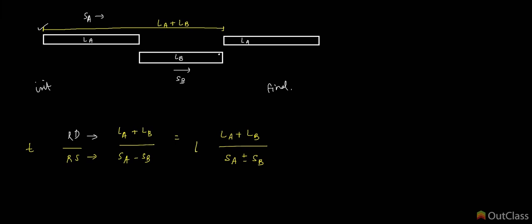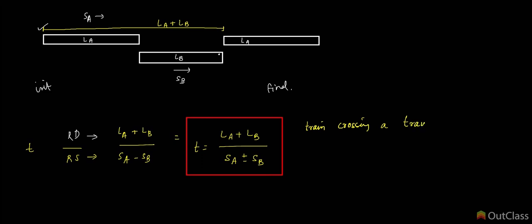The time taken to cross is LA plus LB by SA minus SB. This is a train crossing another train. This is the most general form of this equation.